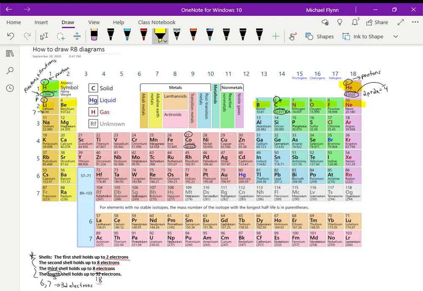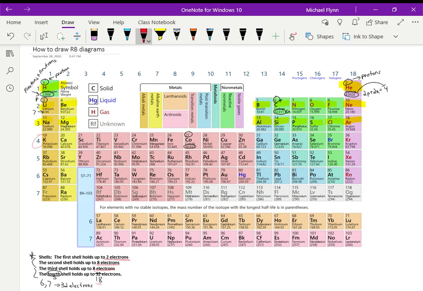The third period, guess how many? 1, 2, 3, 4, 5, 6, 7, 8. Again, 8. It's not a coincidence. Okay? And I think we won't bother counting them. The fourth shell, let's circle it in red. The fourth shell there has 18 elements in there. And so the fourth period has 18 elements.